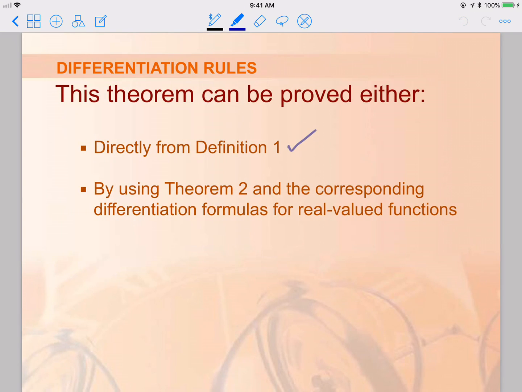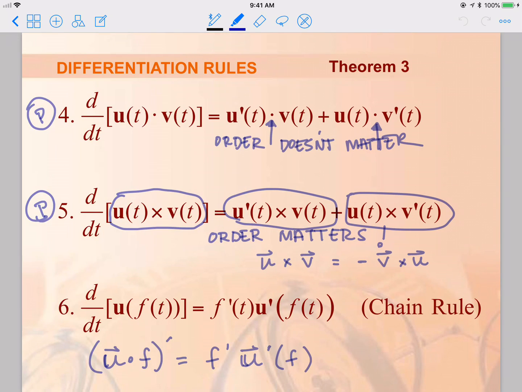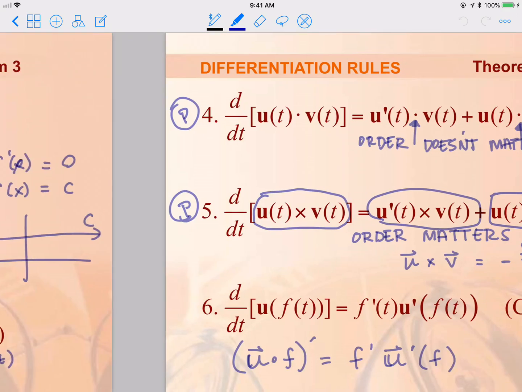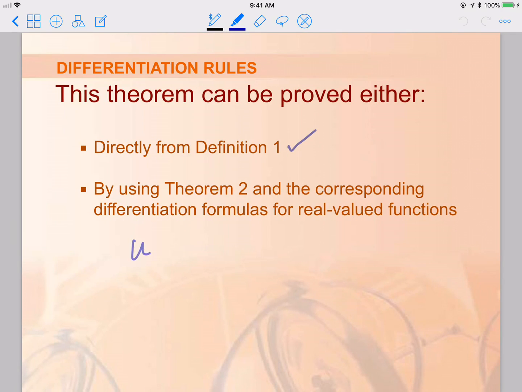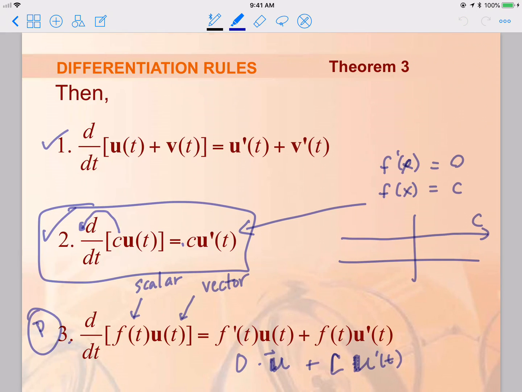Or you could use theorem two, which talks about taking derivatives component by component. Because, for instance, if you know that you can write u as f, g, h, okay, now you've got some scalar.